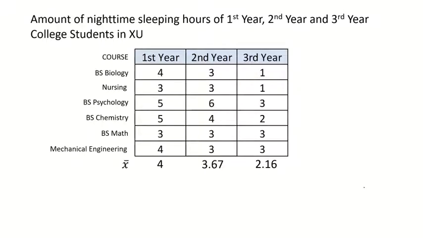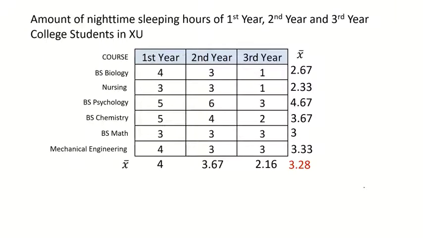You might notice here the rows actually represent data from students of specific courses, from BS Biology to Mechanical Engineering. And now it's important for us to get the mean not just of the columns, but also of these rows. So here they are.